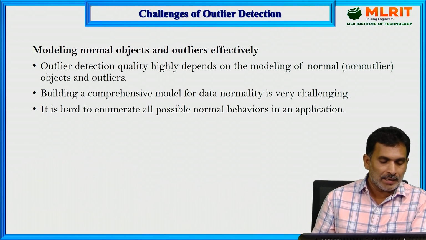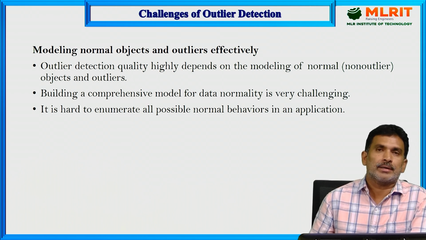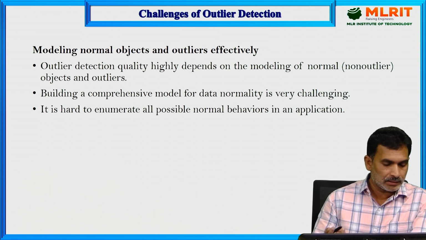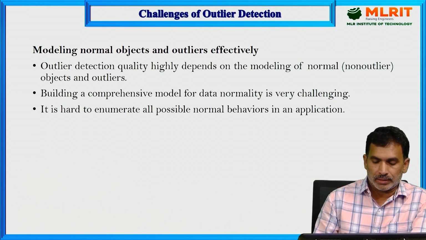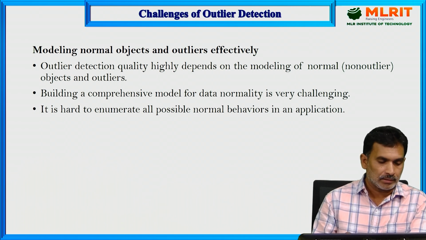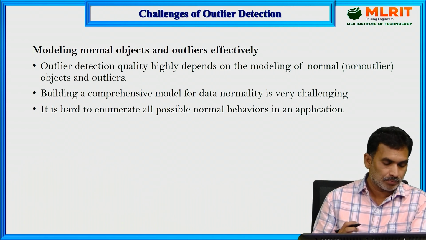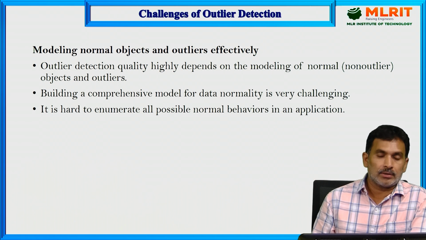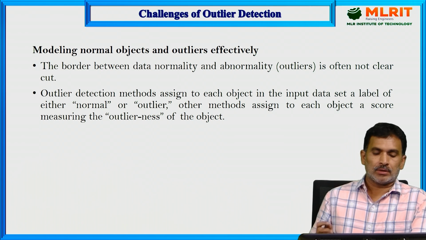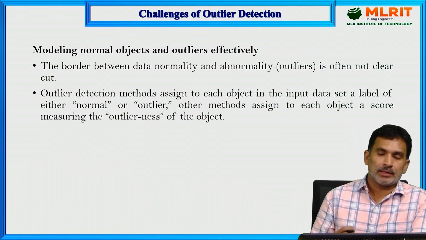Building a comprehensive model for data normality is very challenging. If you are able to build a comprehensive model, then it would be very easy to detect the outliers. It is hard to enumerate all possible normal behaviors in an application. The border between data normality and abnormality, the outliers, is often not clear cut.